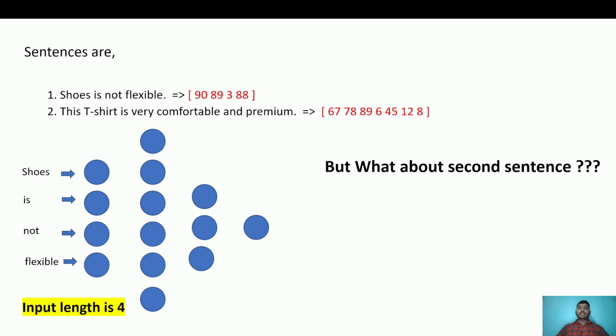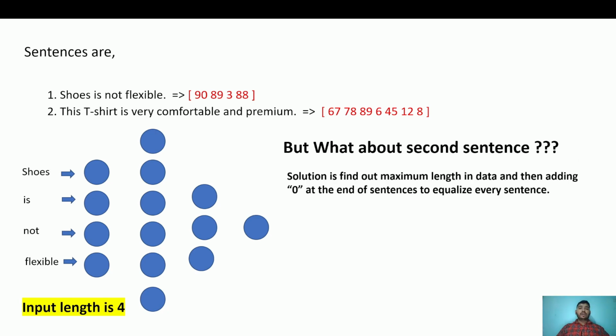But what about the second sentence? Here you can see the second sentence has more than 4 words, right? So the solution is to find the maximum length in the data and then add 0s at the end of sentences to equalize every sentence, right? Which means we find the longest sentence in all the data, and according to that length we add zeros to the rest of the data.